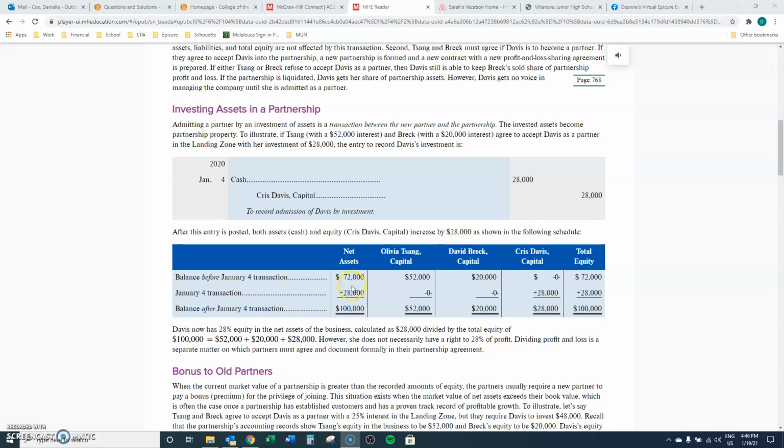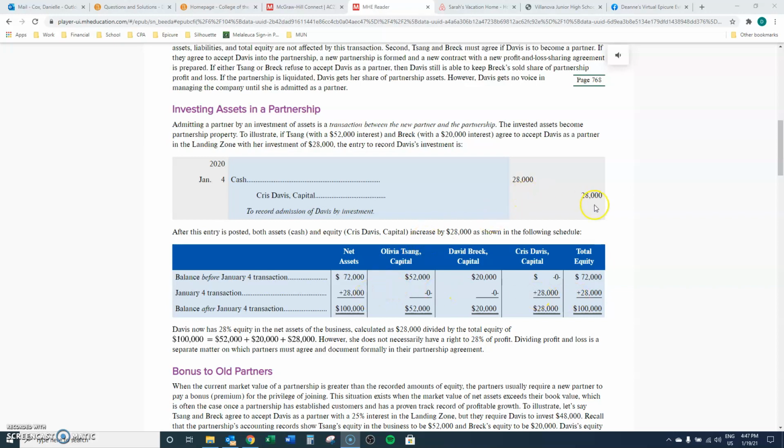So originally, before the transaction, there was total equity and net assets of $72,000, which was broken out by $52,000 to Olivia and $20,000 to David. After the January 4th transaction, we give Davis $28,000. So now we're adding $28,000 to equity and $28,000 to assets.